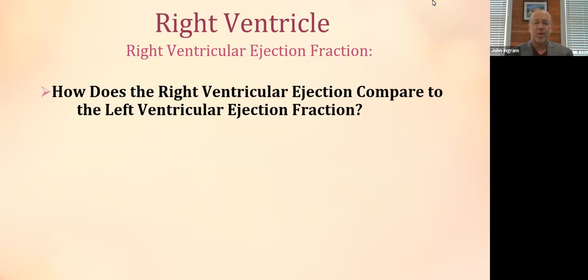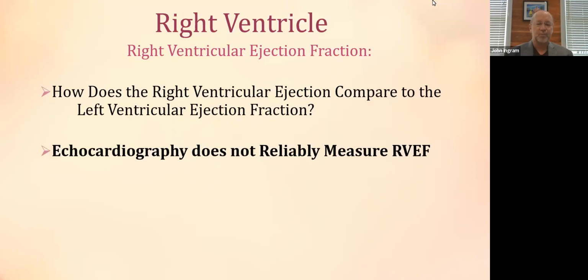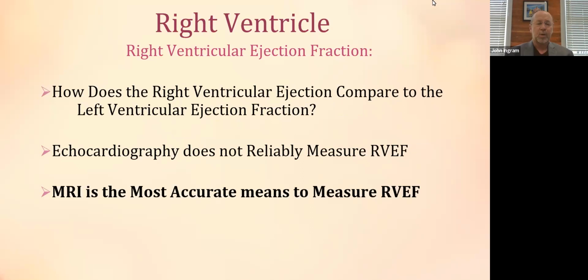How does the right ventricular ejection fraction compare to the left ventricular ejection fraction? Well, echocardiography is not a reliable way to measure the right ventricular ejection fraction. MRI is actually the most accurate means to measure it, but you may be able to do it with a transesophageal echo, a TEE.